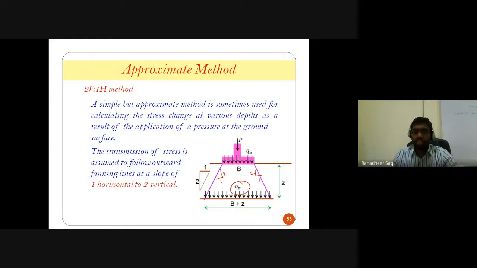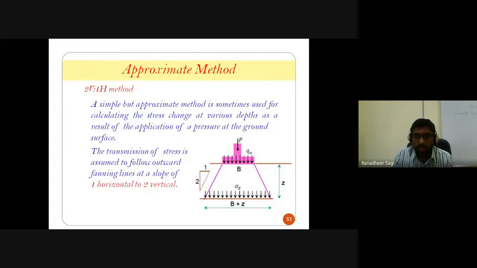With that sloping distribution, what is going to be the width of that loading area and the length of that loading area? Width of the loading area per Z meters in the vertical direction: what is going to be the horizontal distribution here?